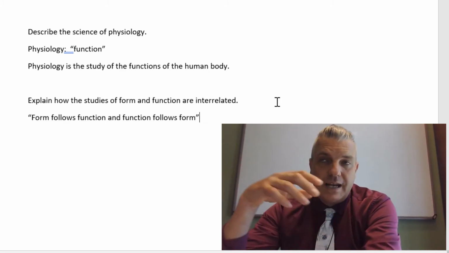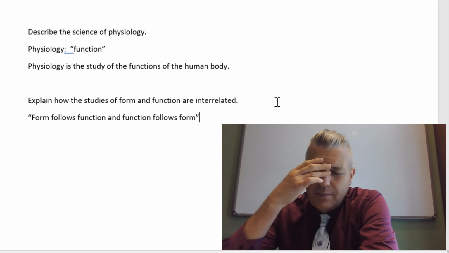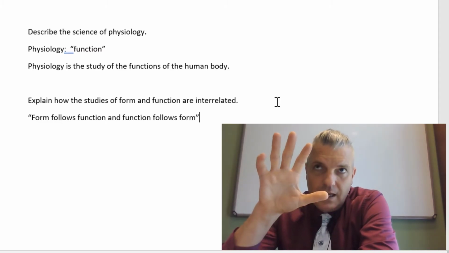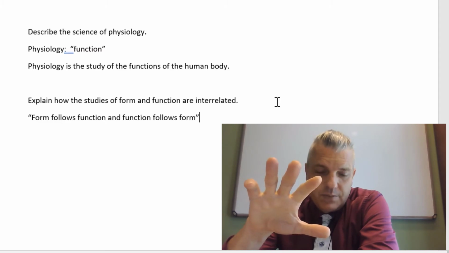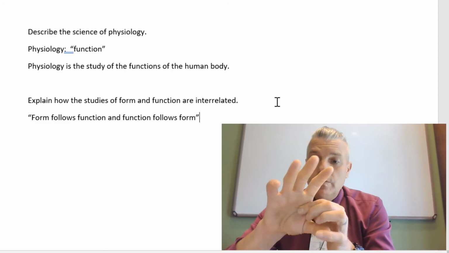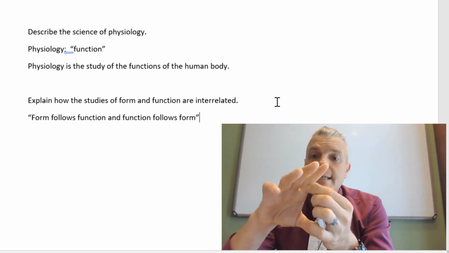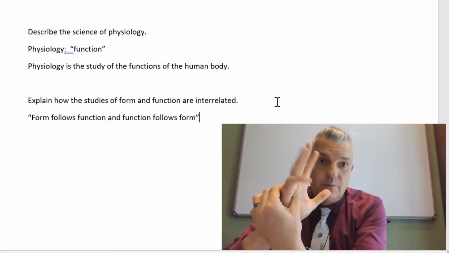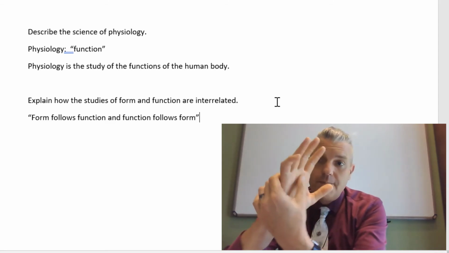And the example that I like to talk about for this almost every time, because it's so easy to get to, is the hand. And I can talk about the hand in terms of its anatomy only. So the hand has lots of bones, ligaments, tendons. Those tendons connect to muscles, some of them within the hand and some of them down in the forearm.